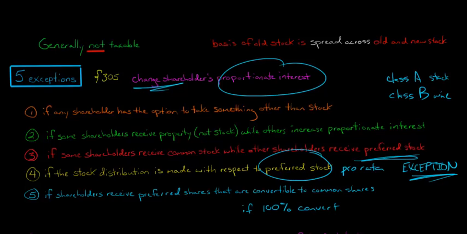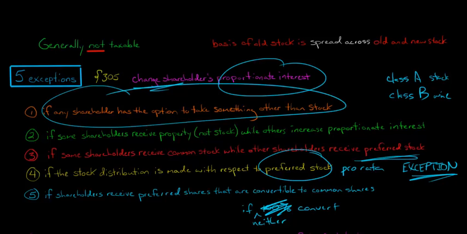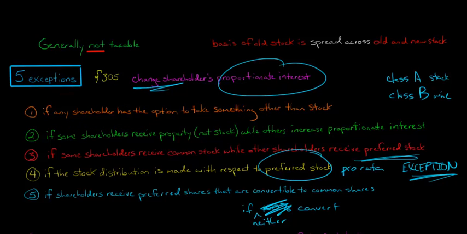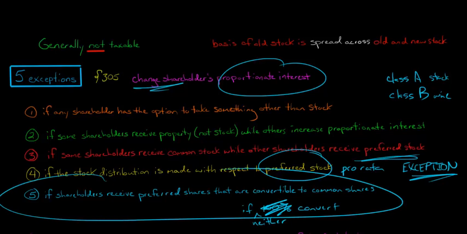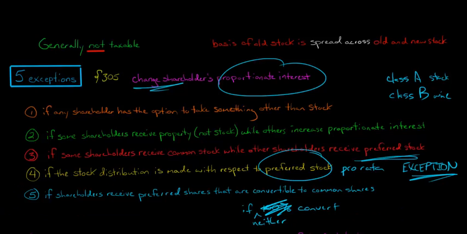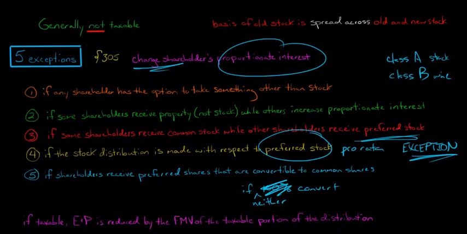Also, if neither converts, so either everybody converts or neither converts, it's not going to be taxable. I know that's weird because we just talked about with our first exception that if somebody has the option to take something other than stock, even if they don't exercise that option and take the stock anyway, it's still a taxable stock dividend. This is different if 100% of people convert or 100% don't convert. I know it's a little confusing, but those are the rules.